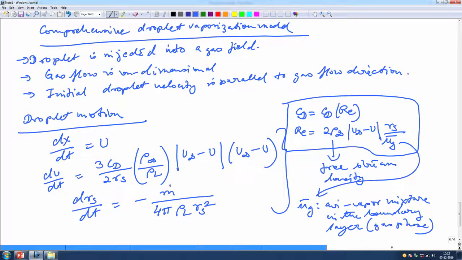One thing you can readily see is that this gas phase Reynolds number is supposed to come down, because it depends on the relative velocity of the droplet and the free stream flow. When a droplet is injected into a flow field, it is natural that the droplet's velocity will increase, and ultimately it will become very close to the gas phase velocity.